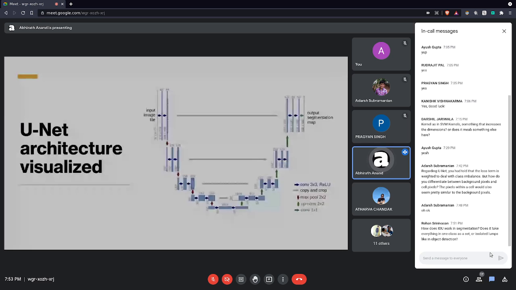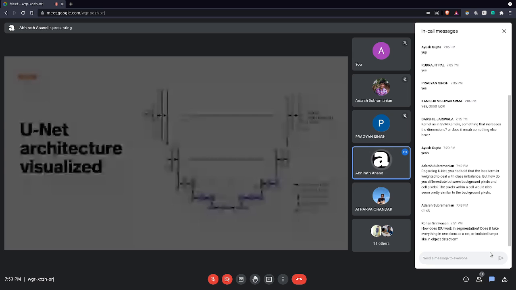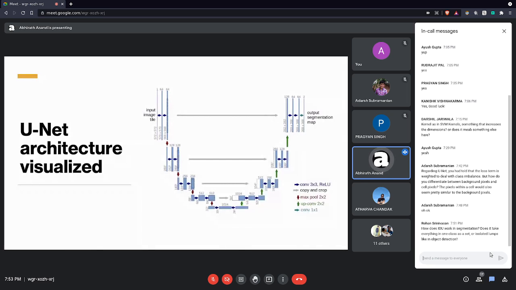I think they mirrored pixels wherever there was loss of information. If I remember correctly, they just mirrored the pixels because, like I said, this was a very specific task, so most of the important information was right in the middle of the image. But let me just check the original paper once. What do you mean by mirror exactly?